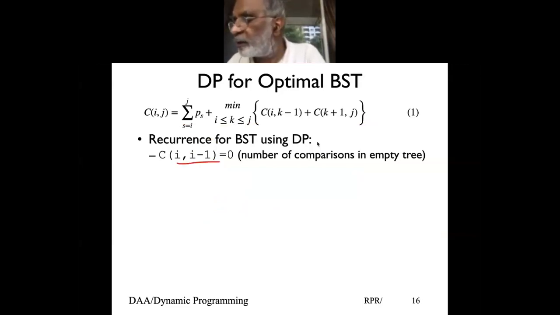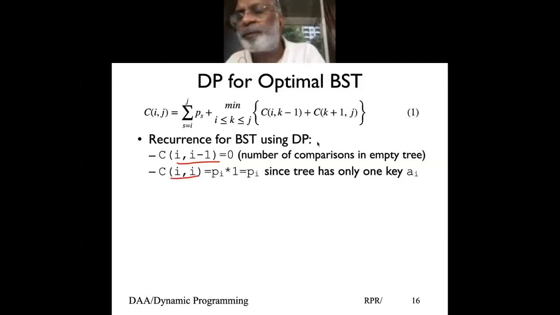Next, C(i, i) is Pi, because we're looking at node Ai to Ai only. My binary tree has only one node, and that means the search time is with only one comparison, probability Pi, so C(i, i) is equal to Pi.